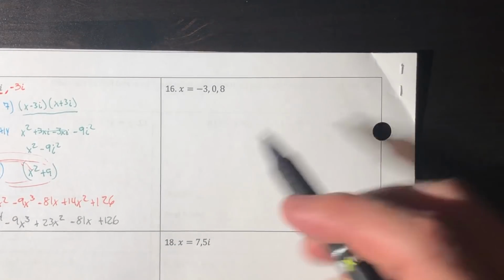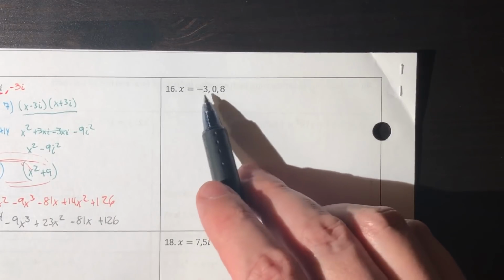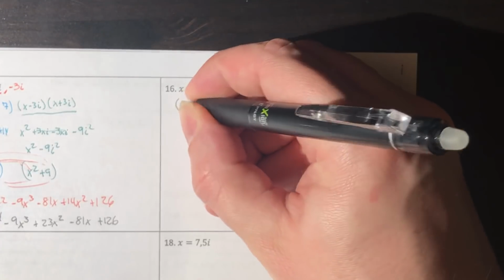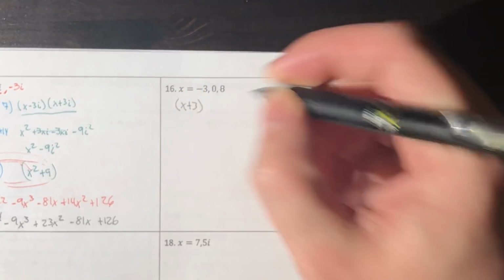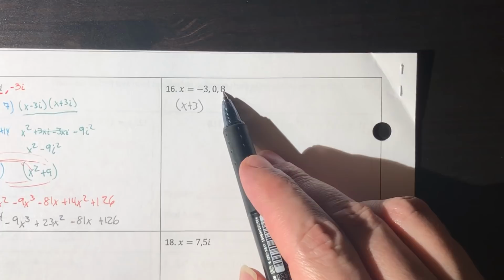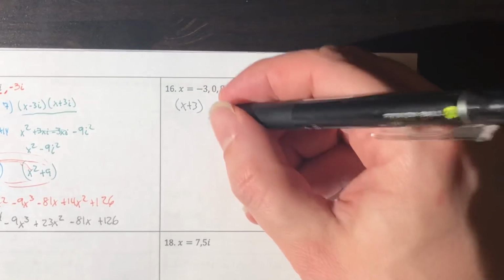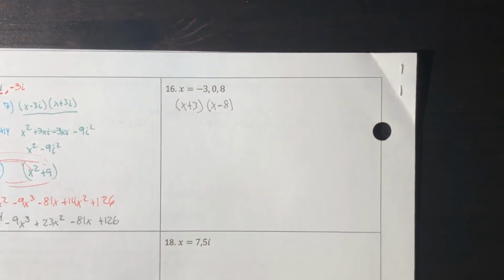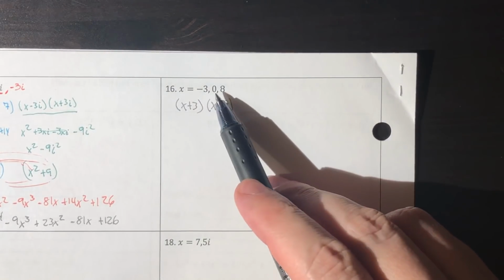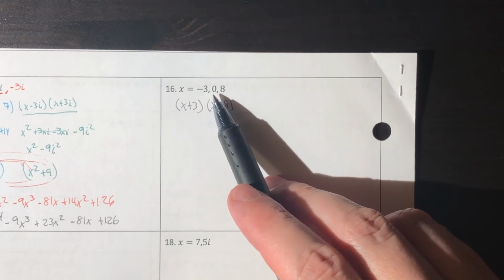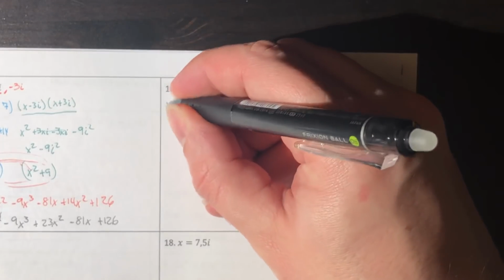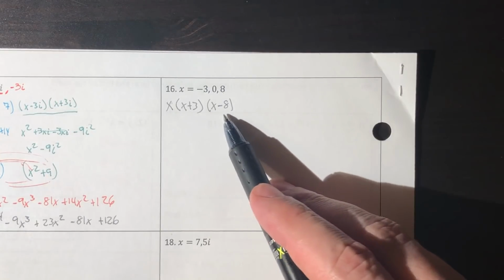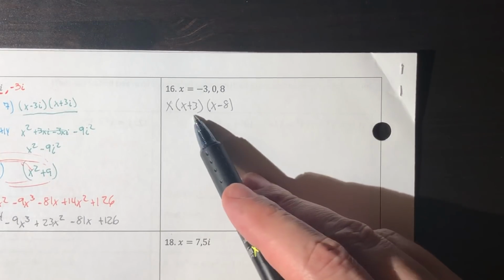For 16, once again, if I have a 0 of -3, that factor is going to be x plus 3. If I have a 0 at 8, that factor is going to be x minus 8. The only one that's a little different is a 0 at 0. That factor is just going to be x. So here, I'm going to need to FOIL these ones together.